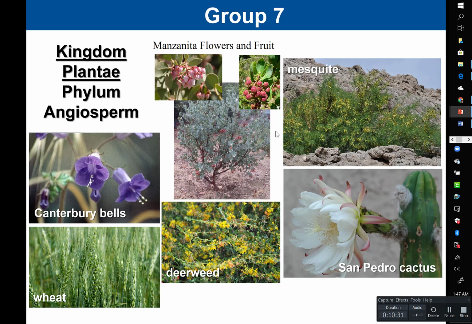The animal moves to a different area, goes to the bathroom, and out come the seeds in feces, which can have a lot of nutrients. Now the seeds can germinate. So having seeds contained within a fruit allowed for dissemination of the seeds. It helped move the seeds.